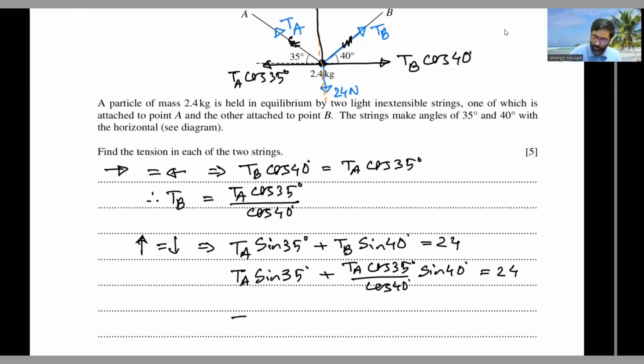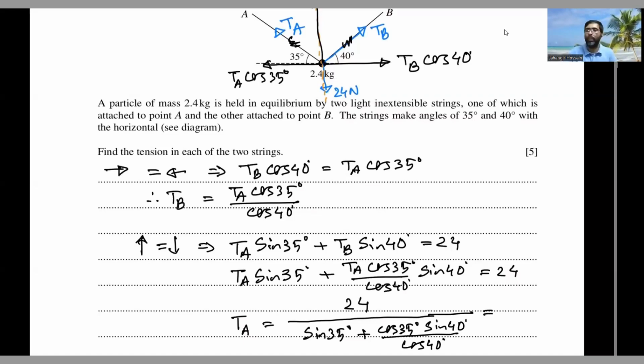So TA will be equal to 24 divided by sin 35 plus cos 35 into sin 40 divided by cos 40. And this will give you the answer. The value of TA is 19.0.